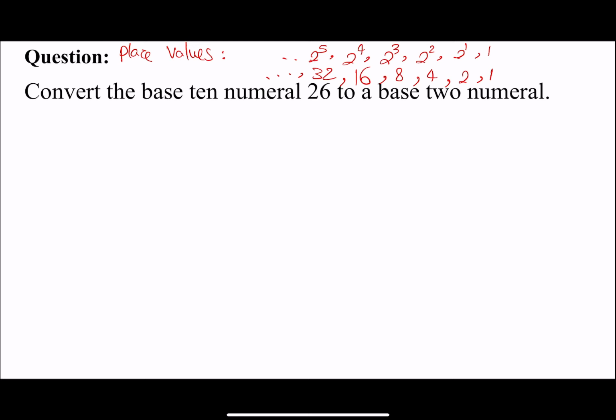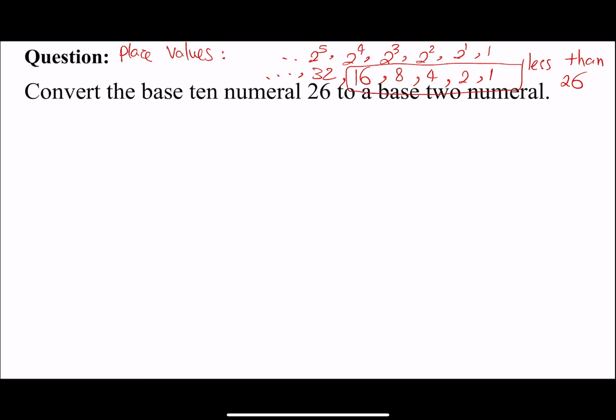Okay, choose the place values that are equal or less than the numeral that you want to convert. We want to convert 26, right? So these are the place values that are equal or less than 26.